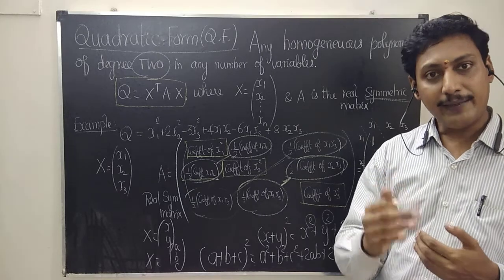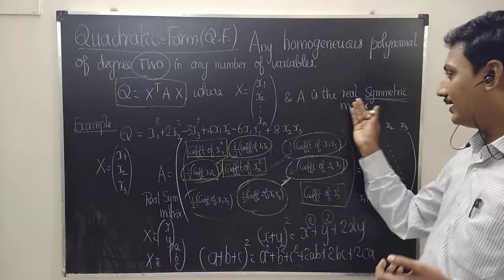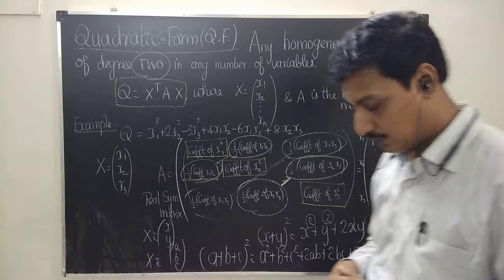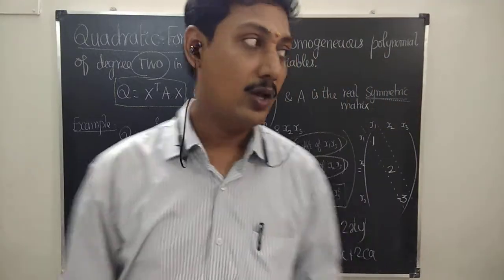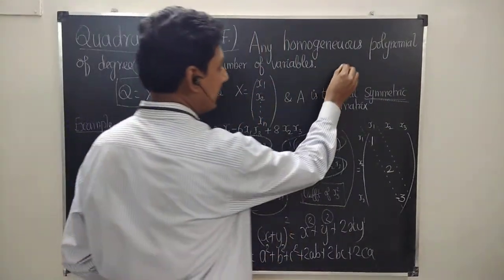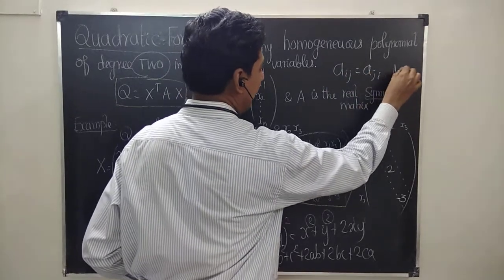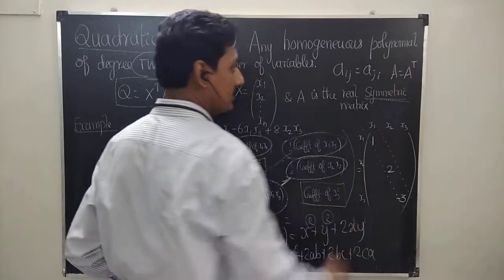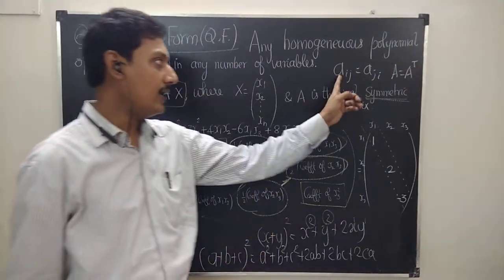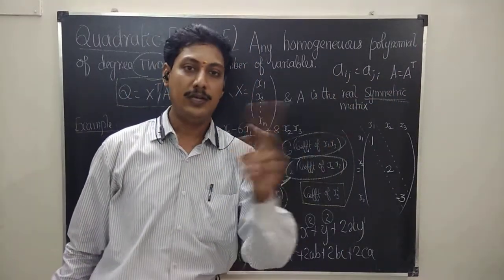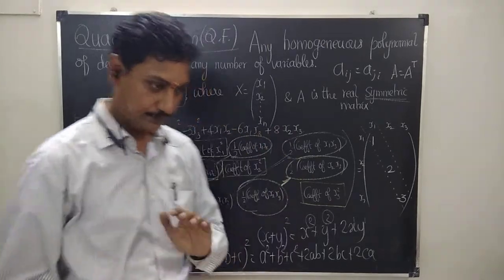That time the matrix A must be a real symmetric matrix. So here A is the real symmetric matrix. When we say that the matrix is symmetric, that means Aij is equal to Aji, otherwise A equal to A transpose. Isn't it right? What about i and j? i and j represent the row number and column number.